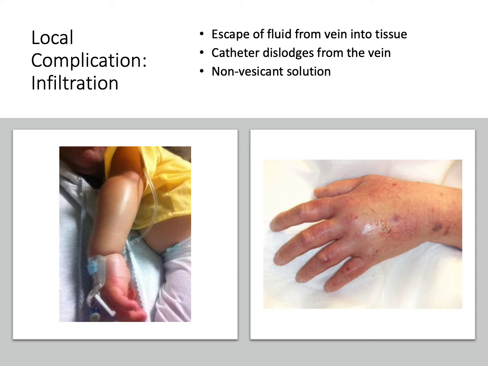With a newborn or a child, oftentimes it does swell up quite a bit before it's recognized, because they're not able to communicate so well. This is why we need to be checking our IV sites every hour, and have a good visual with a nice transparent dressing. So lots of edema with infiltration.